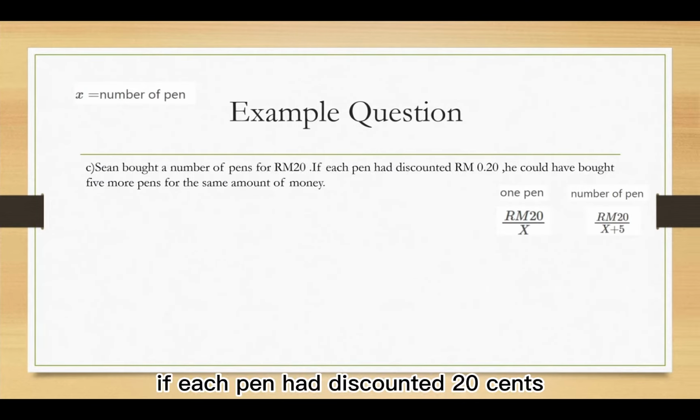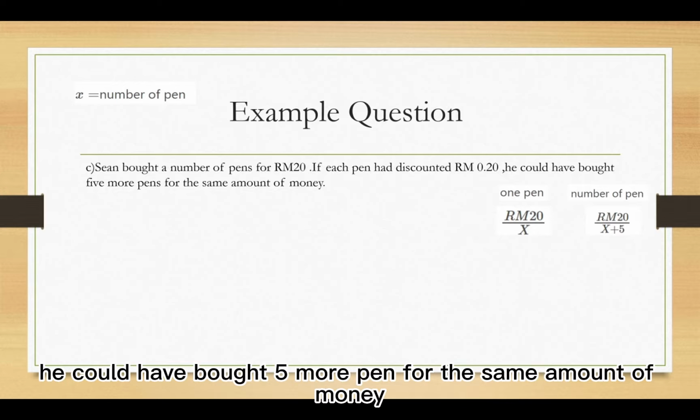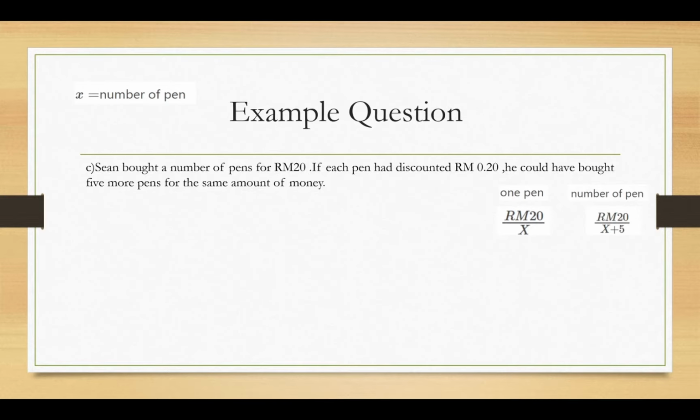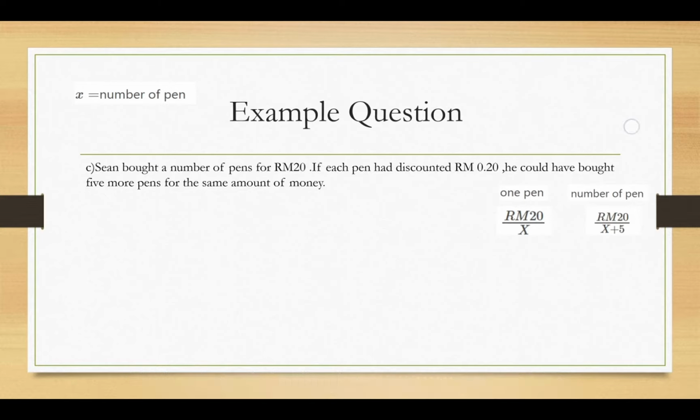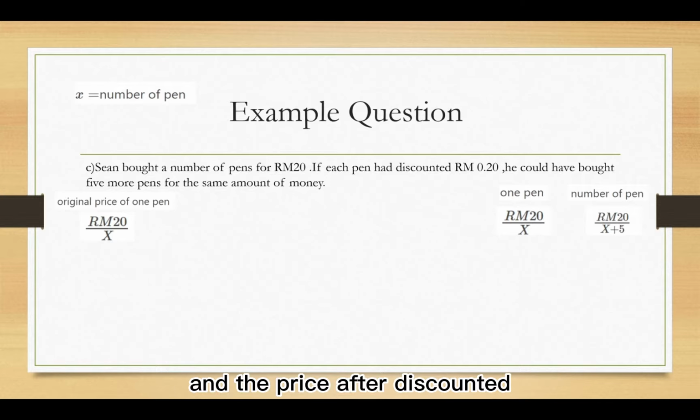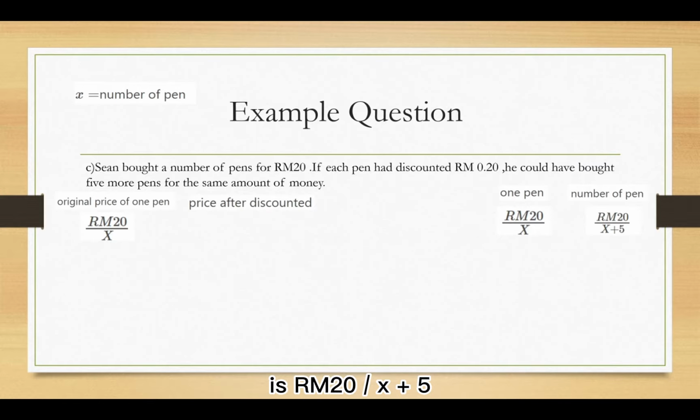If each pen had been discounted 20 cents, he could have bought 5 more pens for the same amount of money. Now, okay, this is the original price of one pen, which is 20 divide x, and the price after discount is 20 divide x plus 5.